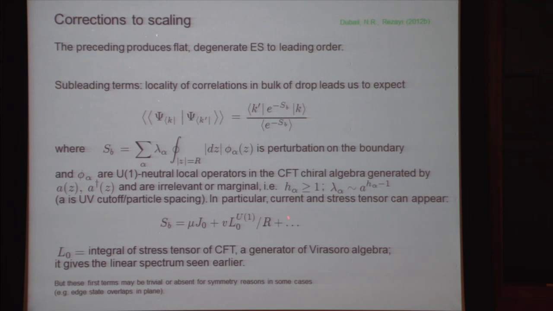And so the dominant effect of interest at large distances, you can think of it as little a goes to 0, is the one with the smallest power, which is the stress tensor term, or L0 or Hamiltonian term, which gives the linear spectrum. So this is a rather typical effective field theory argument, including the way that the coefficients are supposed to behave. And this implies that as we go to larger sizes for our cut, the spectrum is going to collapse onto the linear spectrum.